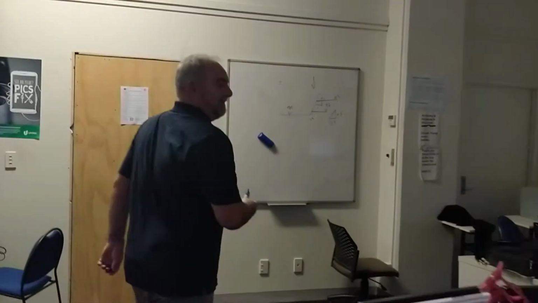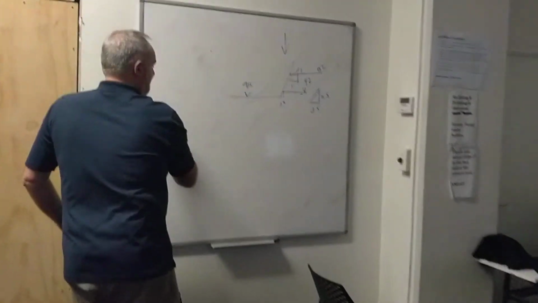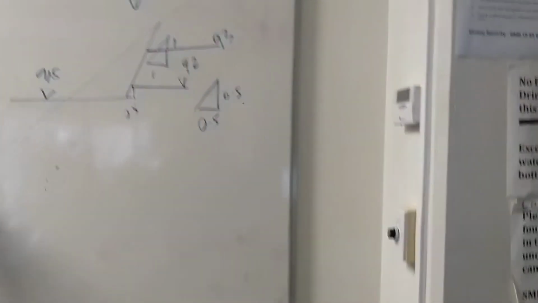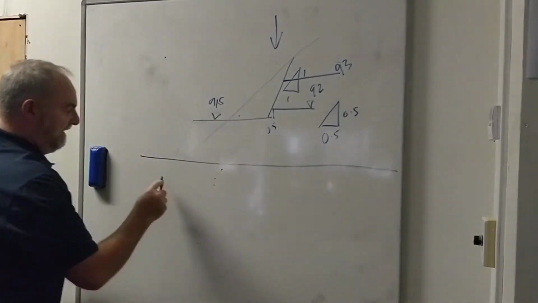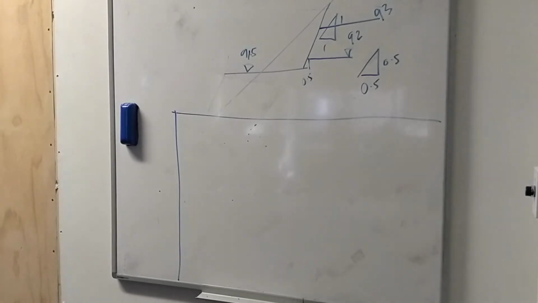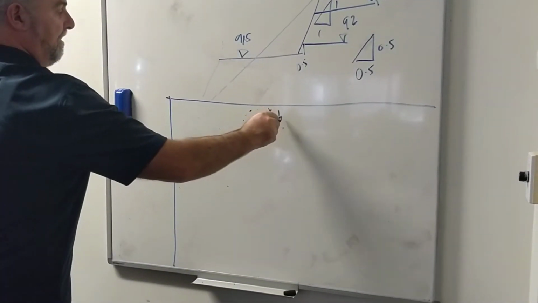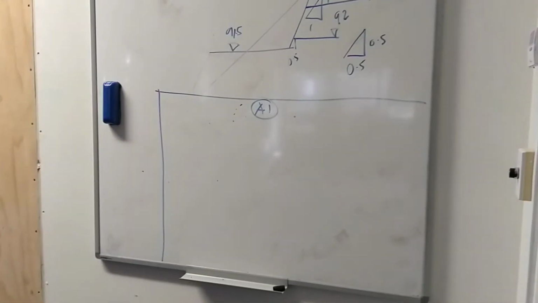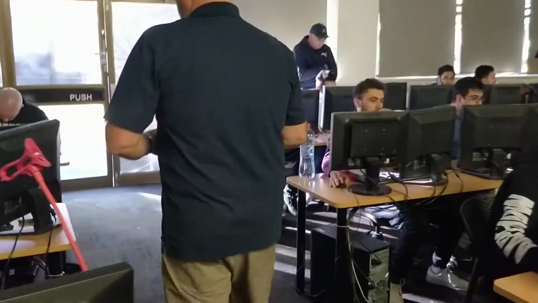It's 800 and something by 500 and something. So it's approximately that size there. That's approximately your A1. I could be a wee bit wrong, it's just to visualise.